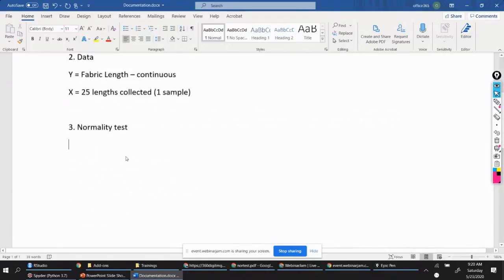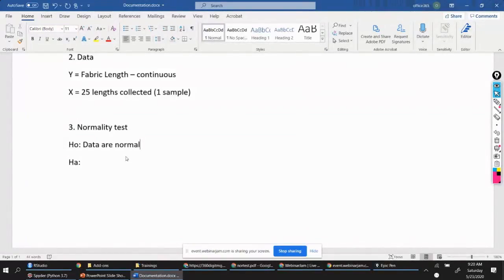Now, in the normality test, what would be the assumption here? We are doing hypothesis testing. In any test, we make assumptions and then try to prove them. So for the normality test that we are considering now for continuous data, the default assumption would always be that the data are normal.